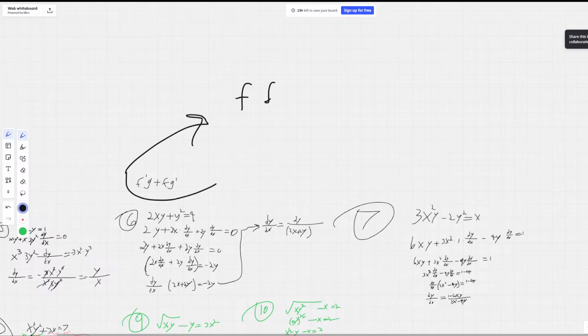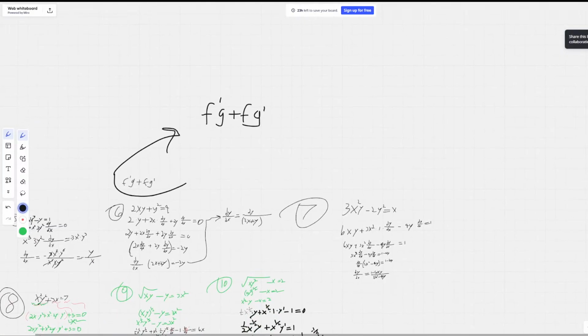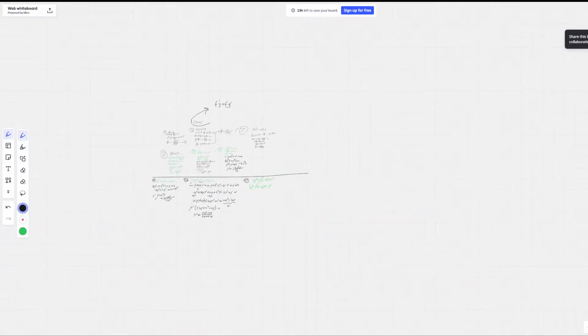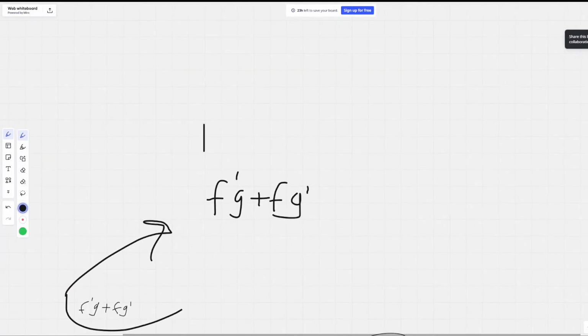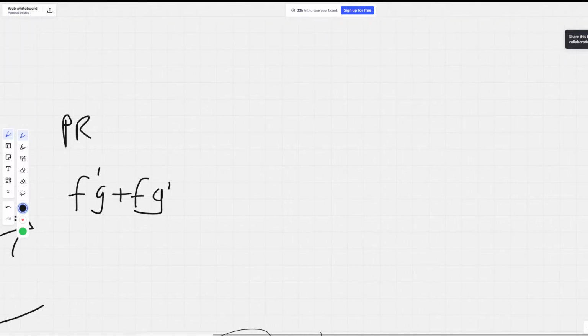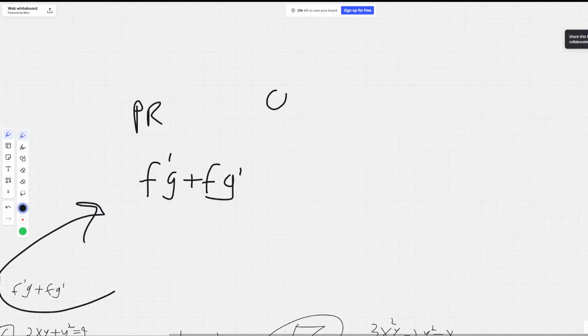Either way, F prime times G plus F times G prime, which is product rule, I think, if I remember right. Gotta look these up again.